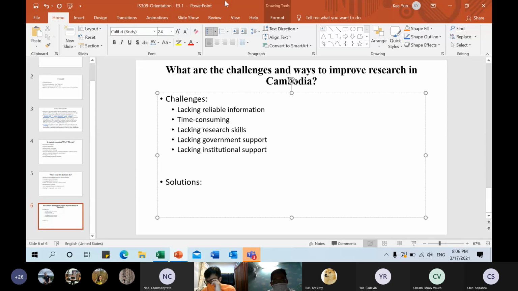Anything else, everyone? Can I say corruption? Corruption is one of the challenges. How can corruption be involved with research? Actually, corruption can involve research when some people propose a budget for research, but they are not able to use it wisely and in a targeted way. Okay.